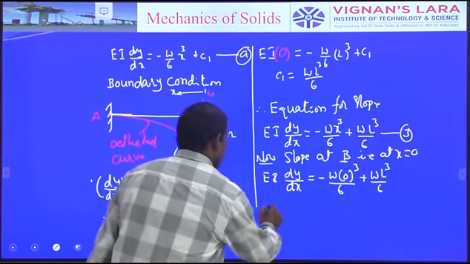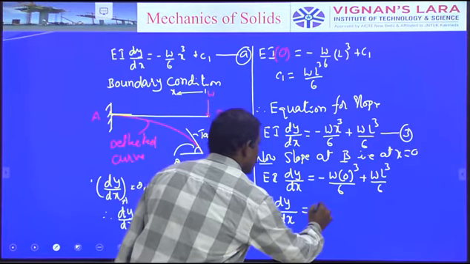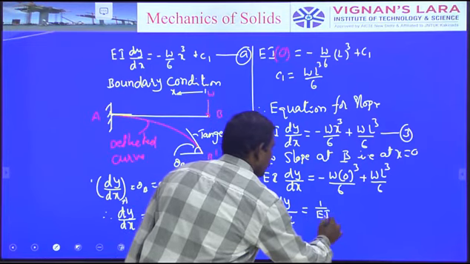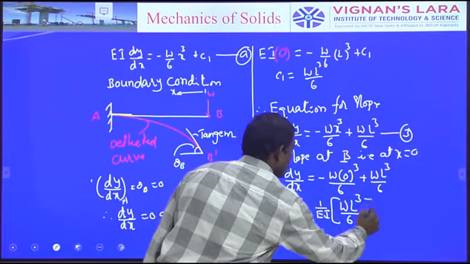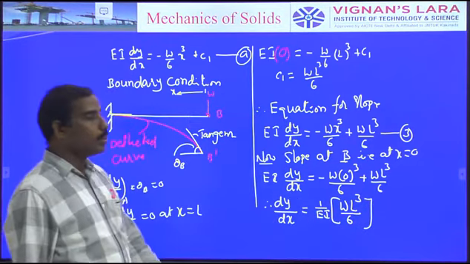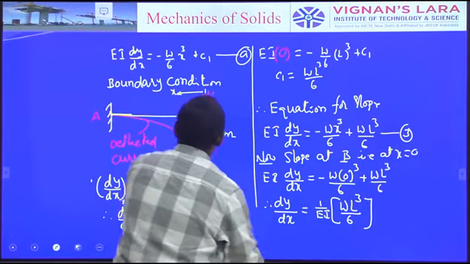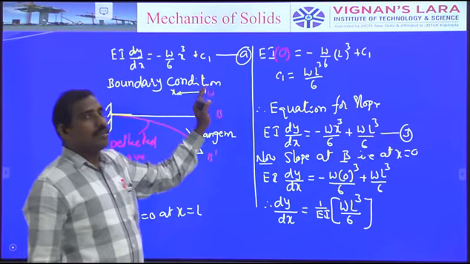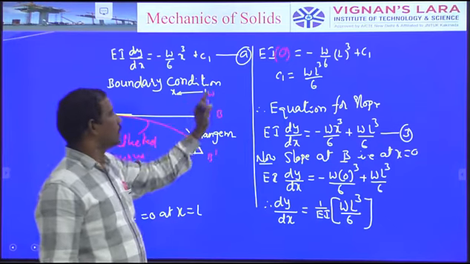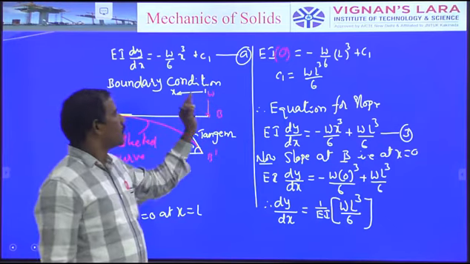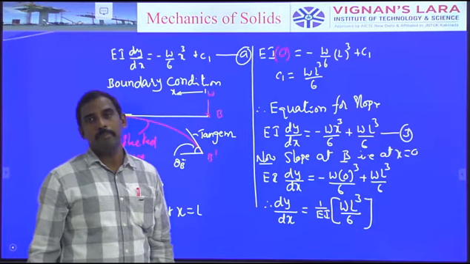So dy by dx is equal to 1 by EI into w L cube by 6. This is the slope at B, that is at x equal to 0. Since the origin is taken at B, the x value is 0 at B, and x is L at A. The x begins with 0 from B.